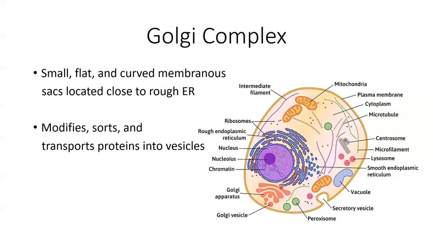It's located always in close proximity to the rough endoplasmic reticulum because it modifies, sorts, and packages the proteins that are produced in this rough endoplasmic reticulum. It packages these proteins into vesicles, which are like little circles within the cell, so they can be transported within that cytosol.